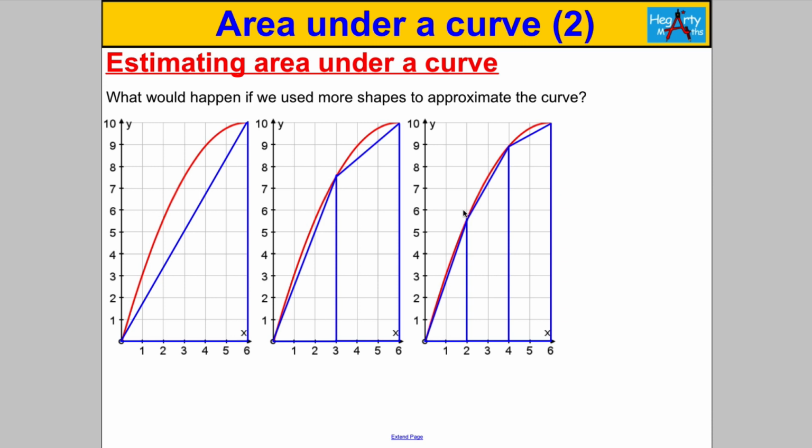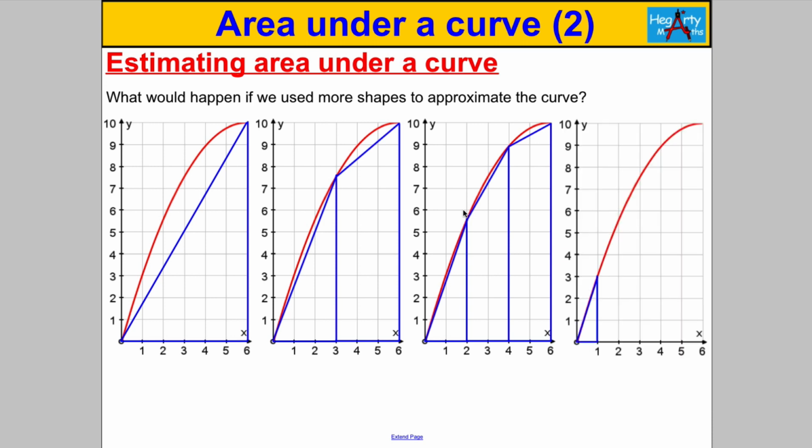And we could even get better if we divided it up into 6 polygons: a triangle between 0 and 1, a trapezium between 1 and 2, a trapezium between 2 and 3, a trapezium between 3 and 4, another trapezium between 4 and 5, and lastly a trapezium between x's 5 and 6. As we use more polygons, we get a better approximation for the area underneath the curve.